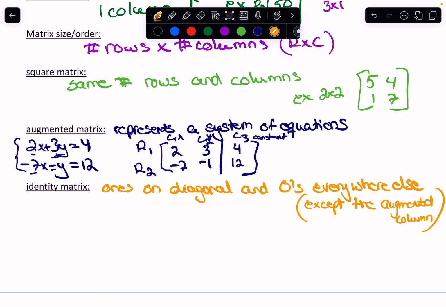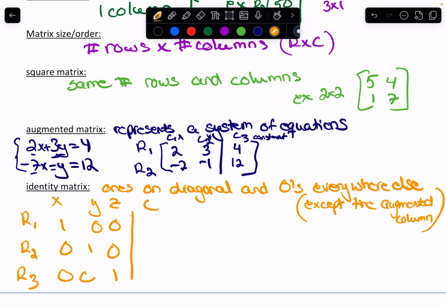For example, we've got our row 1, row 2, and row 3. We have our x, y, z, and our constant. That's our augmented column. So we would have 1, 1, and 1 on the diagonal here, and zeros everywhere else.